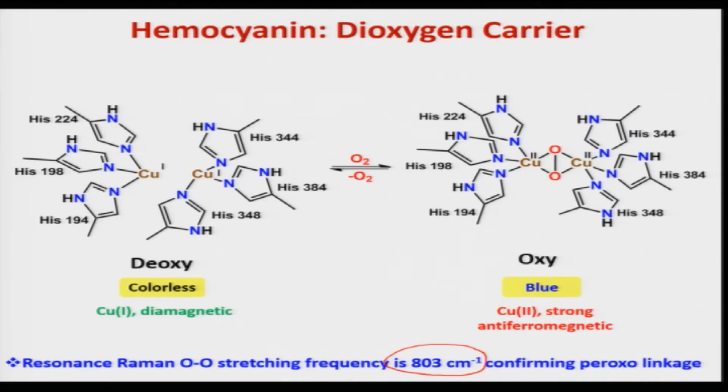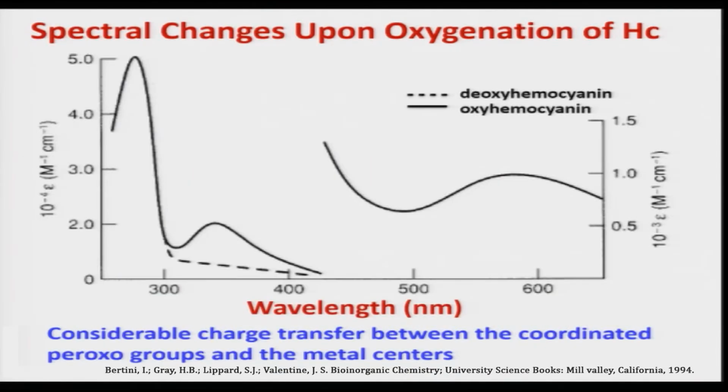Also, these two copper centers in oxy-hemocyanin are strongly antiferromagnetically coupled, whereas the two copper ions in deoxy are Cu(I), a d10 system. So, it is diamagnetic.